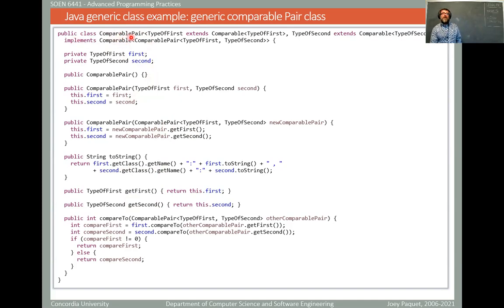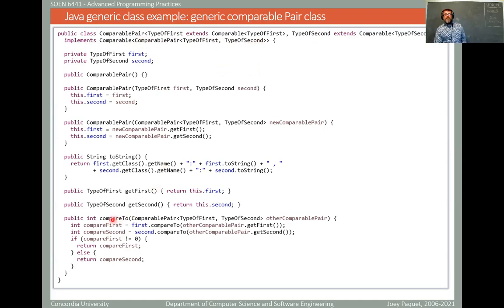My ComparablePair has, as my pair has, two type parameters, type of first and type of second. And thus it must implement Comparable of ComparablePair of type of first, type of second, because you want to be able to compare two elements of this type, the type being ComparablePair of type of first, type of second.